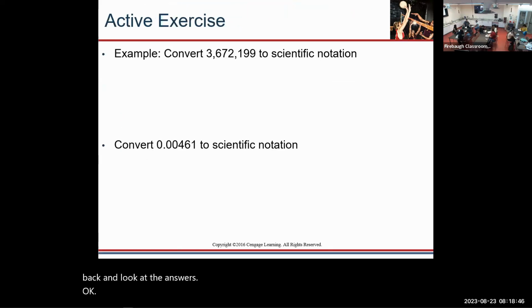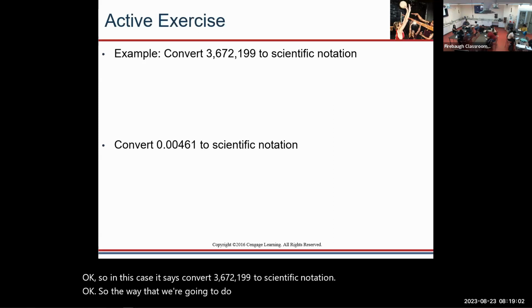Okay, so in this case, it says convert 3,672,199 to scientific notation. The way that we're going to do this, we're going to start where the decimal would be at.